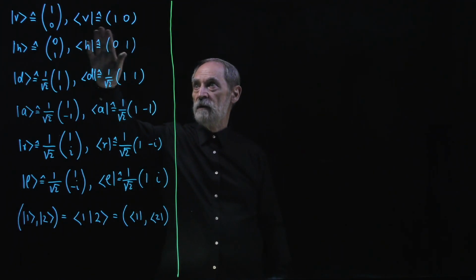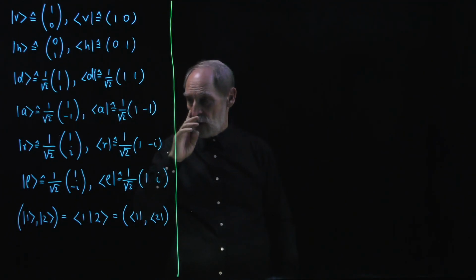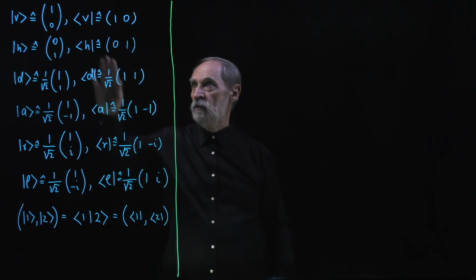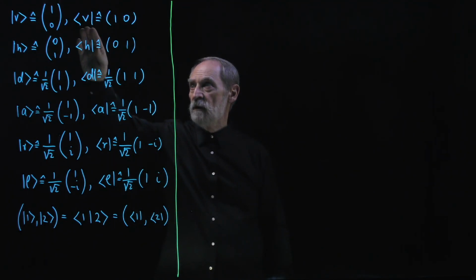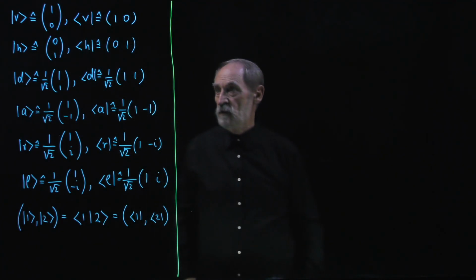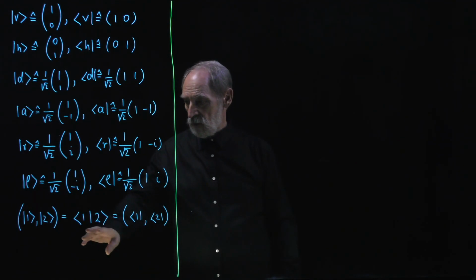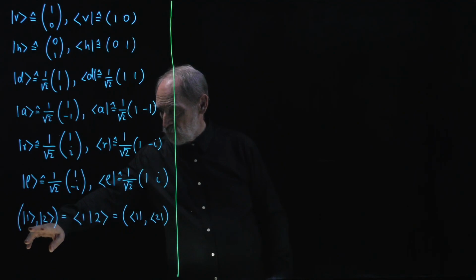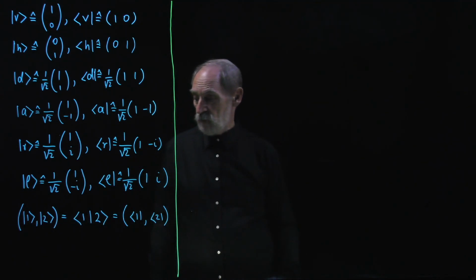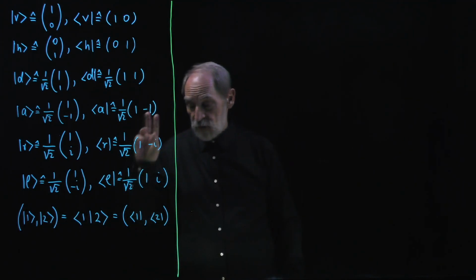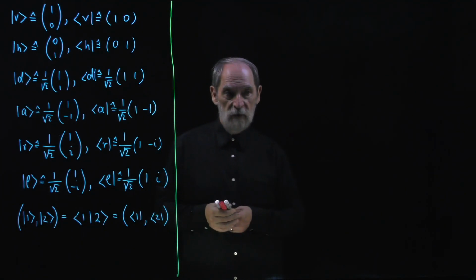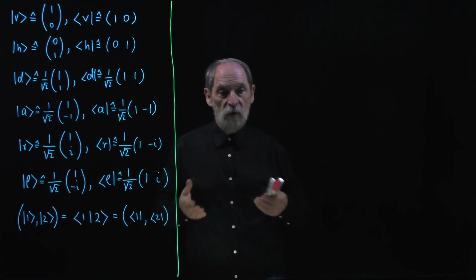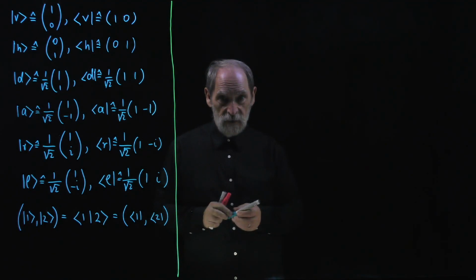And then likewise, the rows that we get for the bras, they also refer to the basic vertical and horizontal polarizations, which have these simple rows of 1, 0, and 0, 1. And if we multiply a bra with a ket, well, that's an inner product of two kets, always an inner product of two bras. But once we have the concept of an inner product, we can also talk about orthogonality.